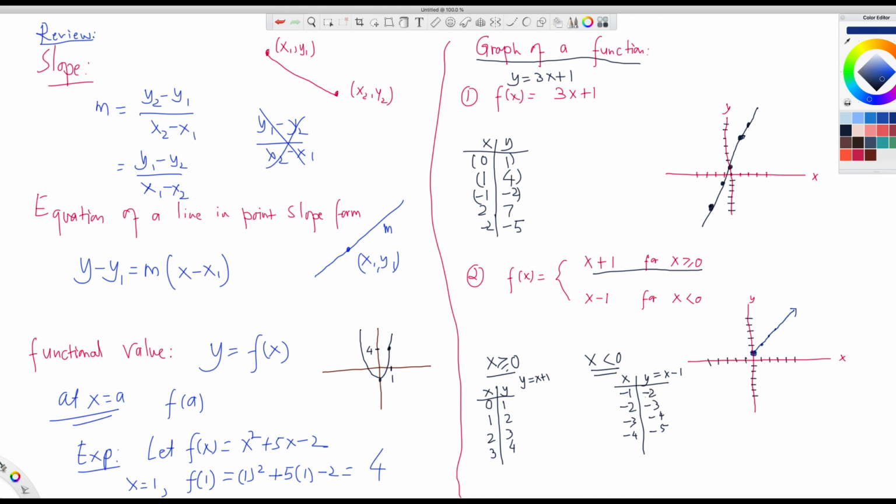And for this function, at negative 1 it is negative 2. You see that? At negative 2 it is negative 3. At negative 3 it is negative 4. At negative 4 it is negative 5. And so on.